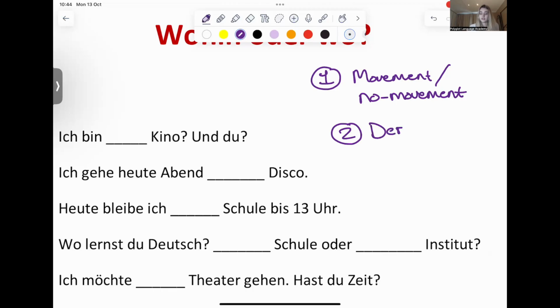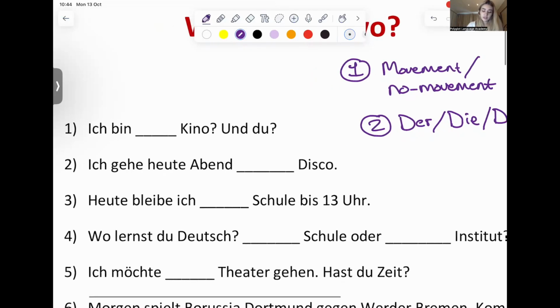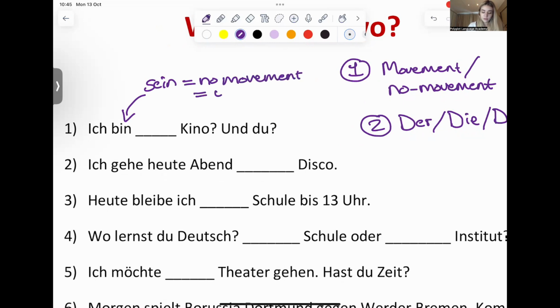Der, die, oder das, in the nominative form, so the original article. Here this bin, which is sein, shows us there's no movement, which is equal to wo. So that means wo means dative.